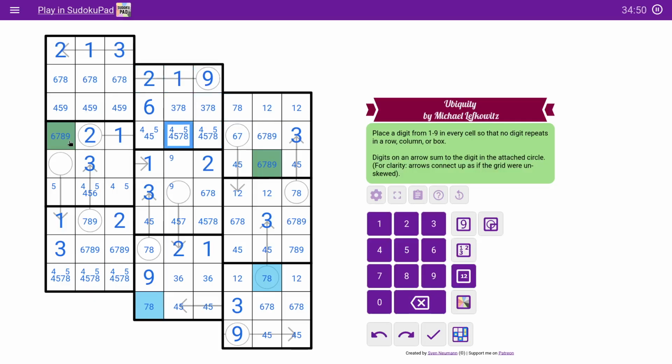No, it must go to the bottom on the previous. This digit must be down here. This digit must be down here. This digit must be here. This digit has to be one of these, and this digit has to be one of these.